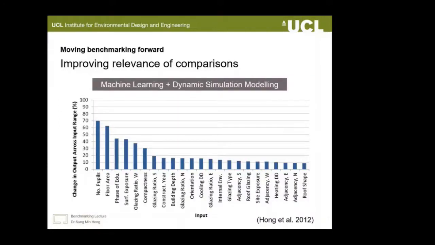And what we have been doing and what we're hoping to implement in the future is to combine data-driven methods such as machine learning techniques or regression models, for example, with a bottom-up method such as dynamic simulation model outputs to provide a contextualized benchmark using a hybrid method of these different approaches.